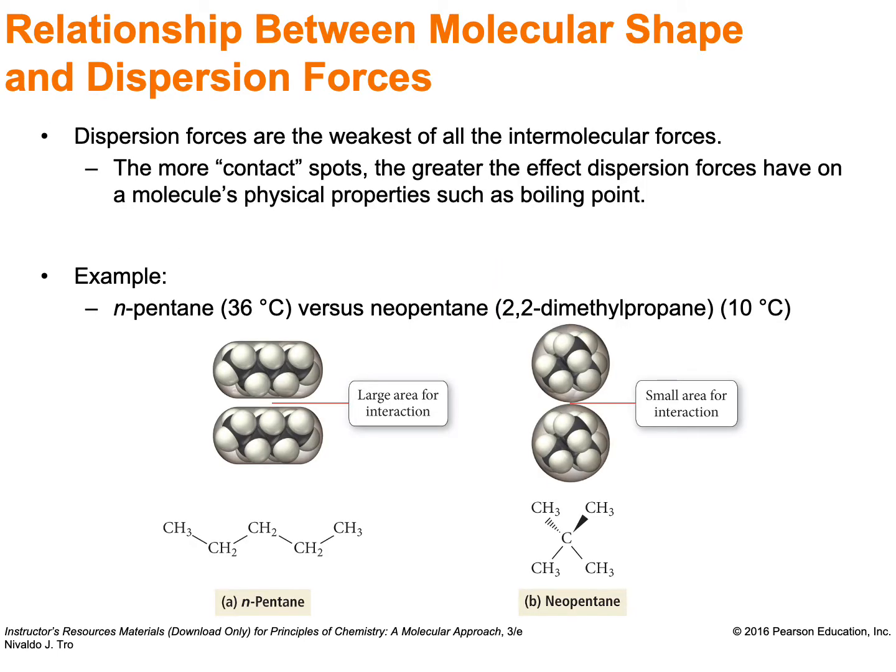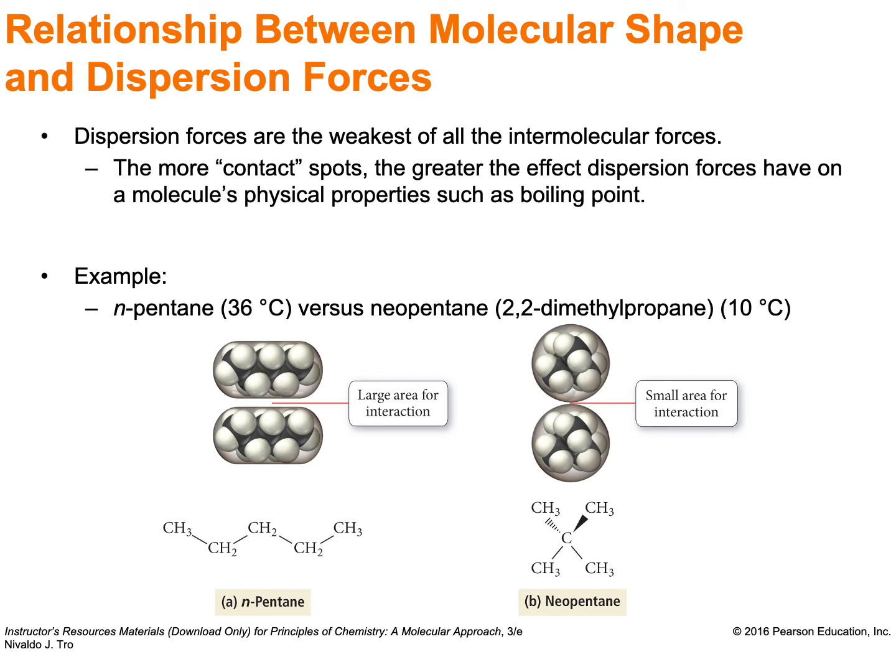Now, there's a relationship between the molecular shape of a molecule and dispersion forces. Because dispersion forces are the weakest of the forces, the more contact, the more surface area that the force can be made between one molecule and the adjacent one, the more effect the dispersion has on its physical properties, such as boiling point. Here you have two different alkanes.